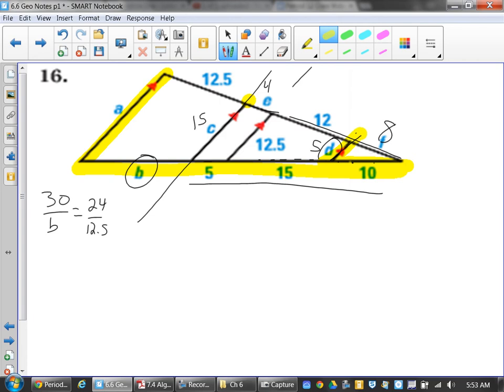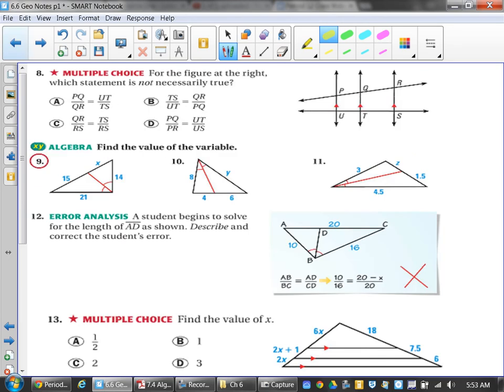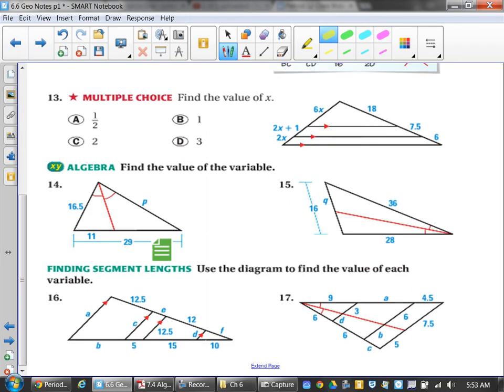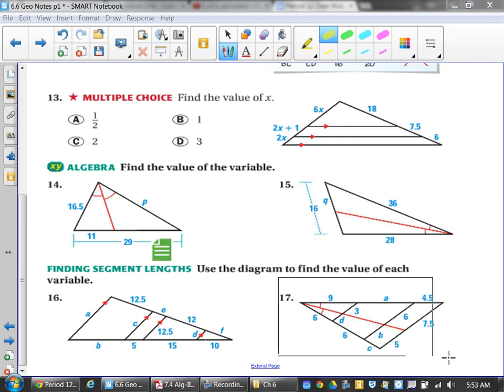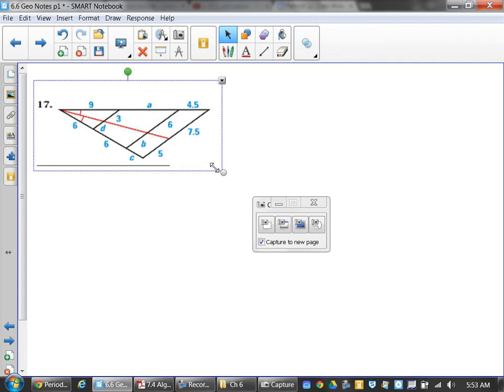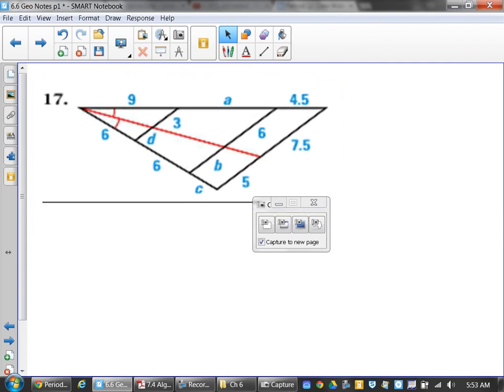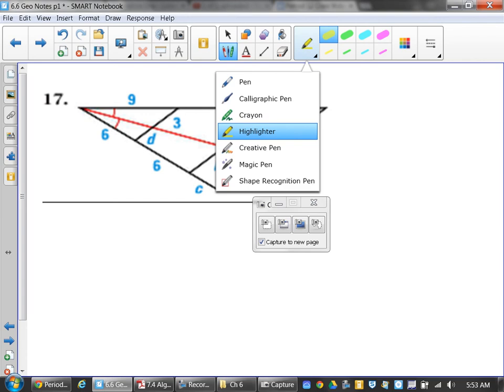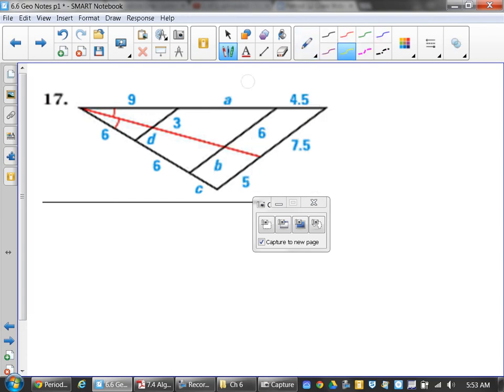Okay? It's basically the same idea then with number 17. The only difference is that you're using the heart problem a little bit more. You just have to continually build it out. As you draw out your hearts here, 3 is to 9, as D is to 6.